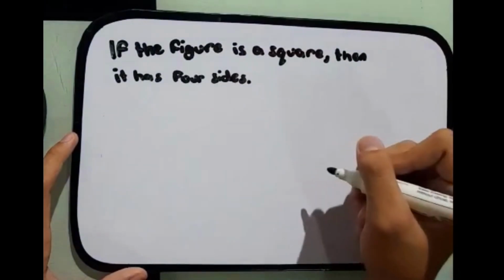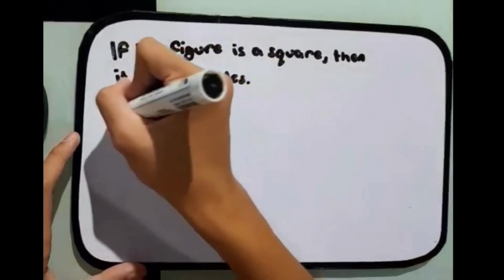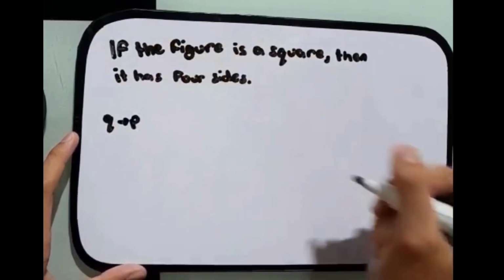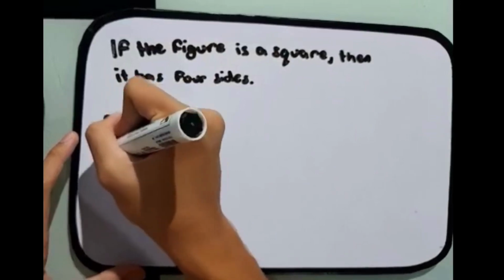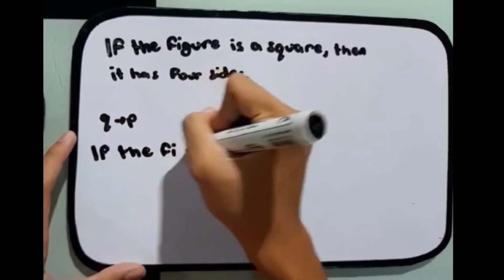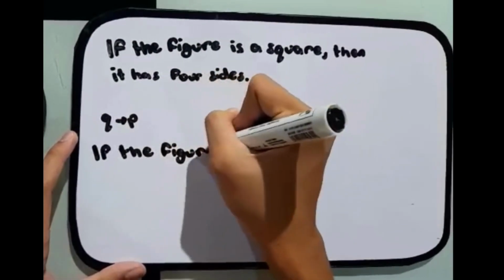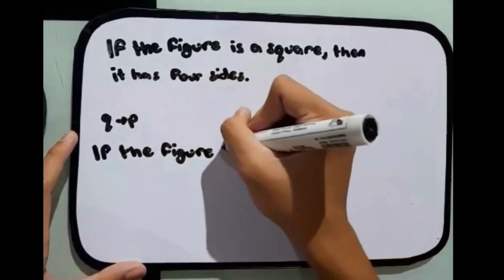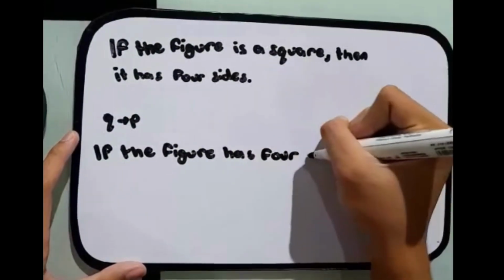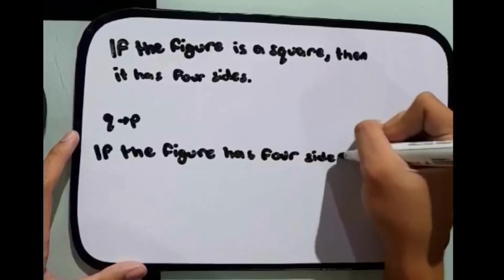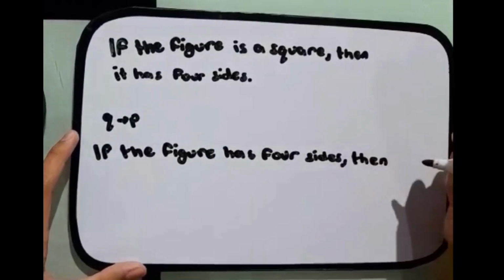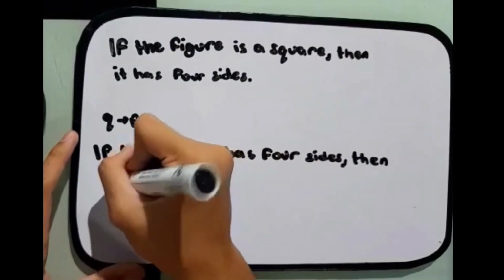Let's turn this into converse statement. If Q, then P. If the figure has four sides, then it is a square.